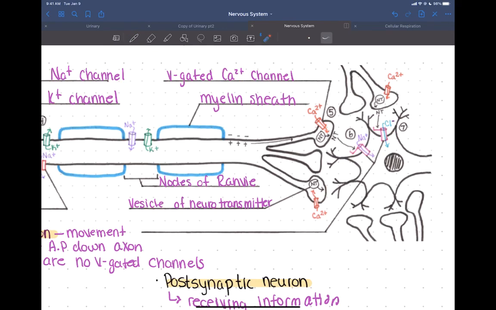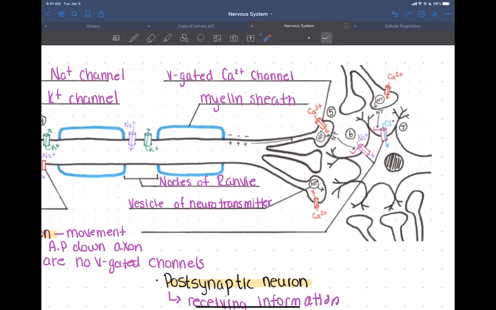So this vesicle will move to the edge of the axon terminal, release the neurotransmitter, and that neurotransmitter can now diffuse all throughout the space. This neurotransmitter will diffuse, and eventually it'll find a receptor to land on.